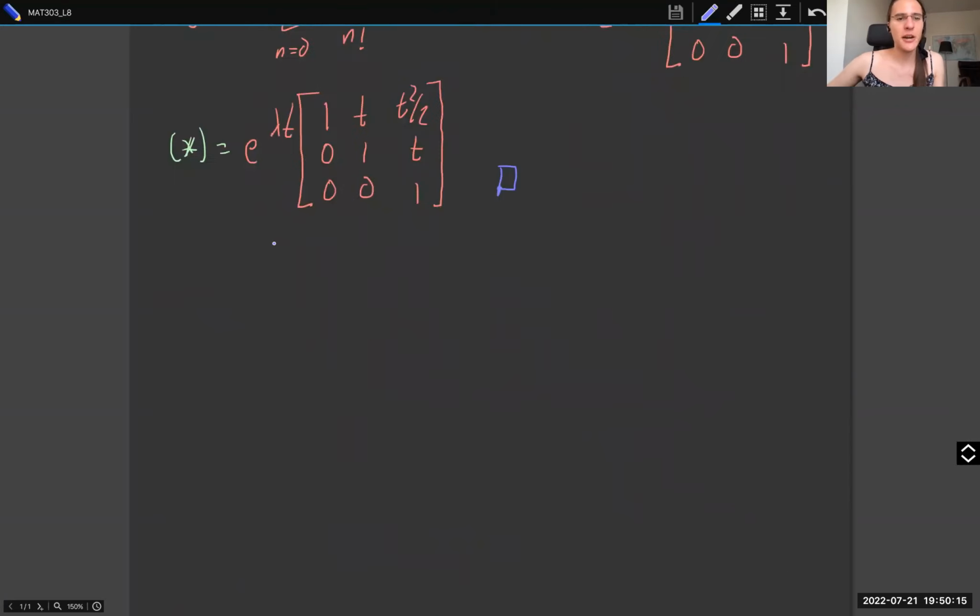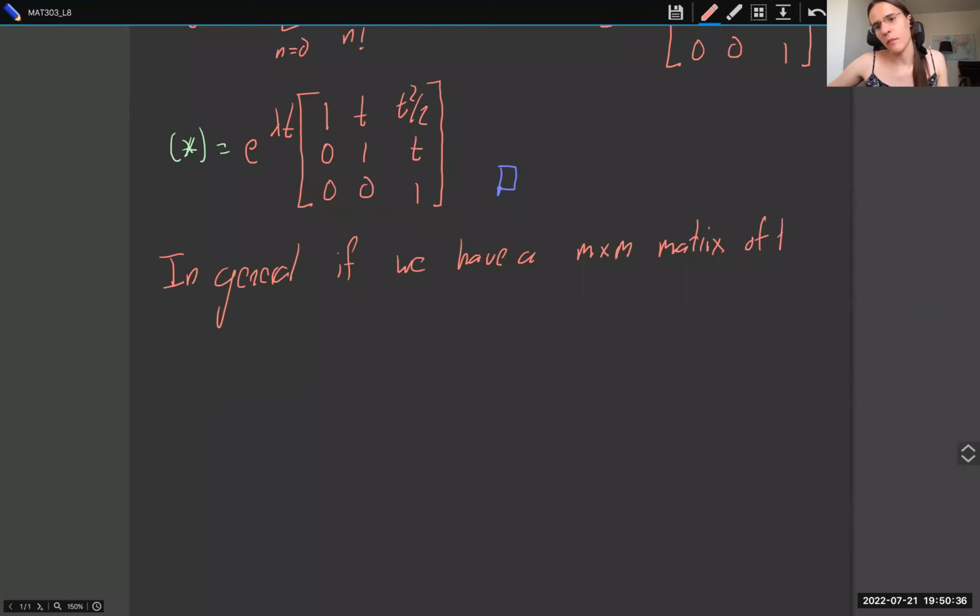Okay, let's consider the general case. In general, if we have an M by M matrix of the form: lambda's on the diagonal, ones on the super diagonal, and zeros everywhere else.